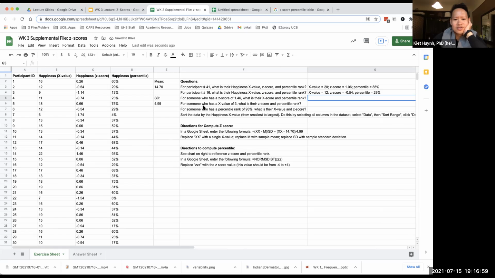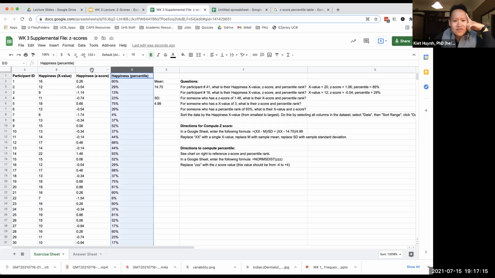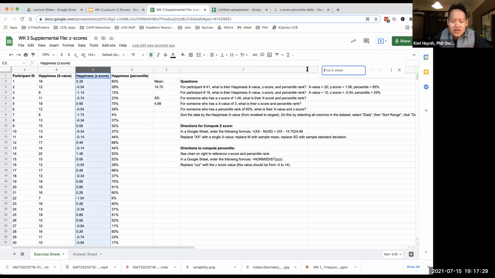For someone who has a Z-score of 1.46, what is the X value and percentile rank? So here we have the Z-score, and then we need to find the X value and percentile rank. So the Z-score is 1.46. How do you find that? I do Command F, and it brings up the search bar.